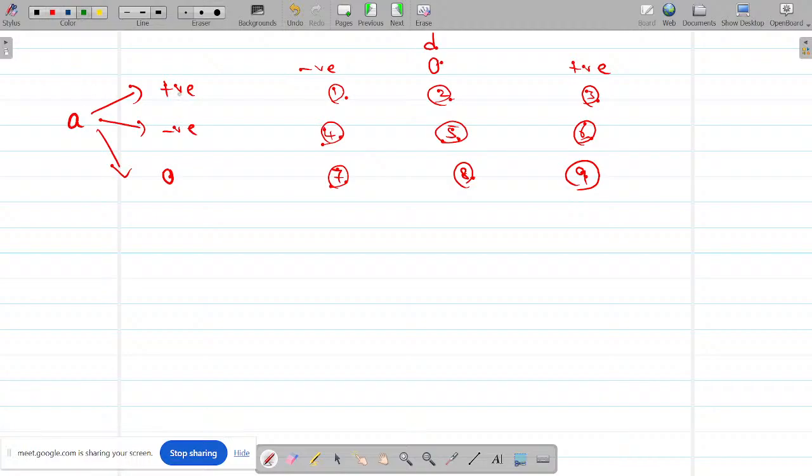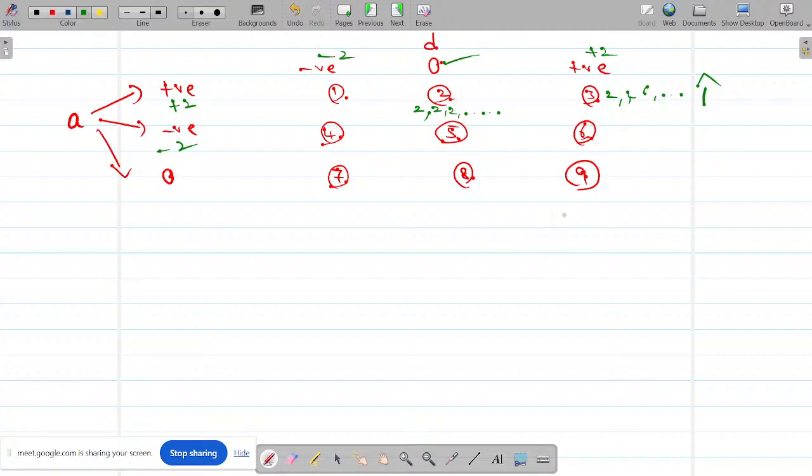For example, if I take A value as plus 2, D value as 0, what you'll get? 2, 2, 2. You call this as stagnating, same value. Okay. You take plus 2, 2, 4. You call this as increasing. After probably here you take minus 2, here you take minus 2.